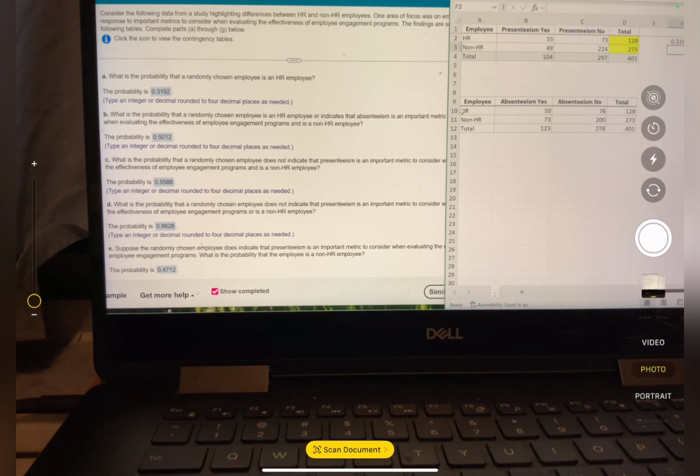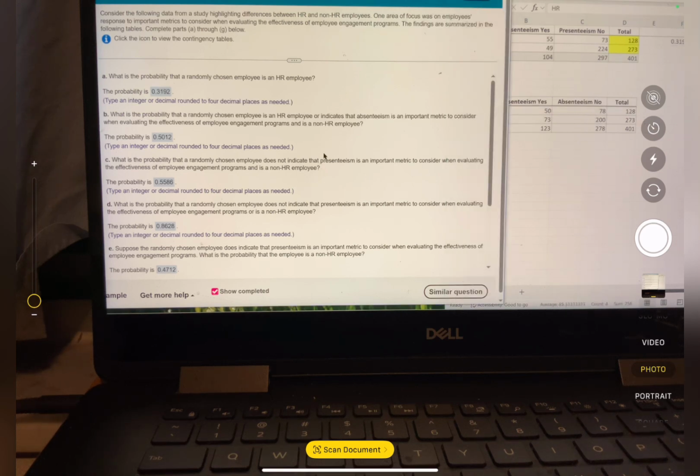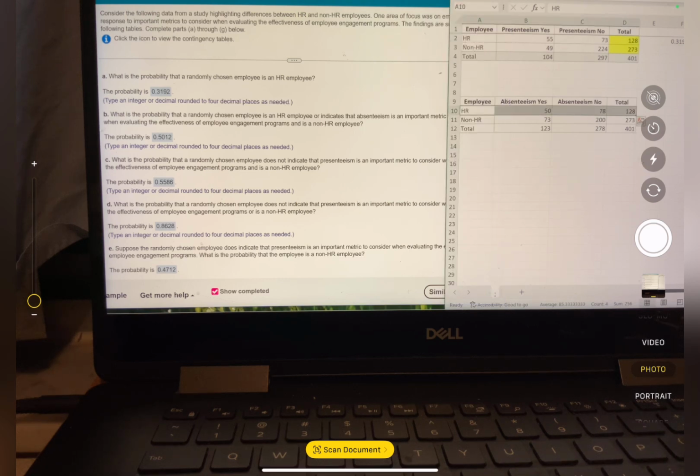Here it is, HR employee, so total 128. First let's get HR employee, which we already have here, but let me put it there one more time. 128 total HR divided by 401.